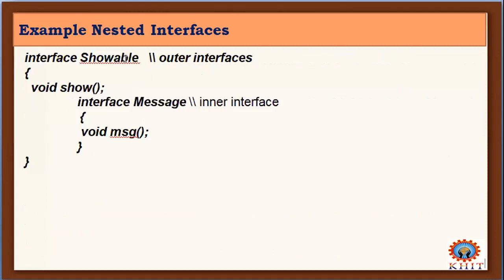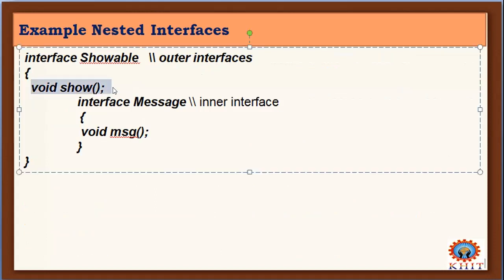So there is an interface showable, which is called the outer interface. Okay. In this outer interface, we have a method called show. So the show method is related to the interface showable. And we have an inner interface, which is called message.